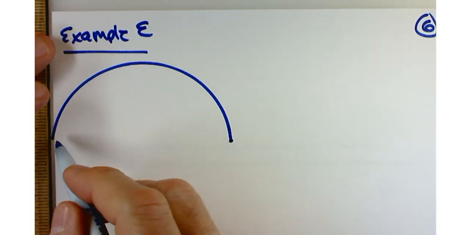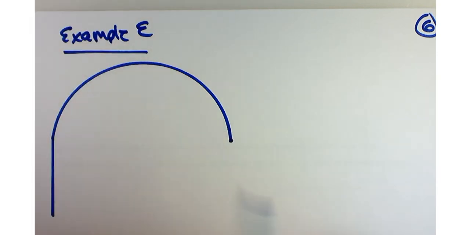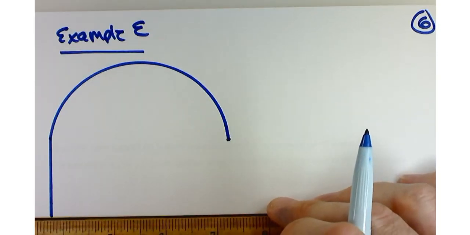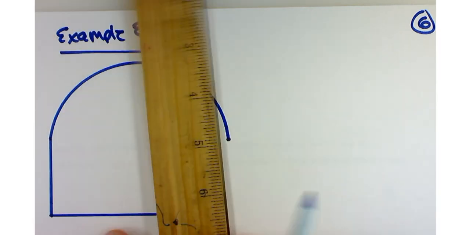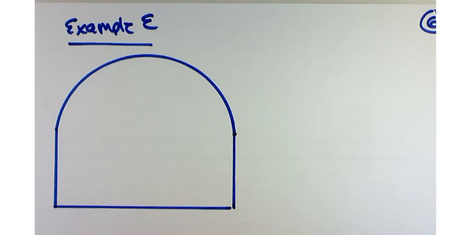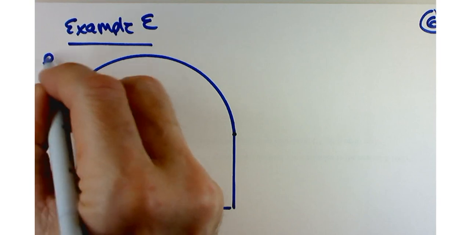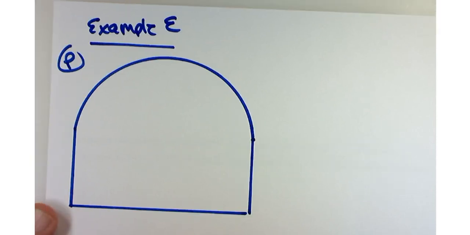And draw this down. Okay, so let's start with our picture. We've got a semicircular top on top of a rectangular base.